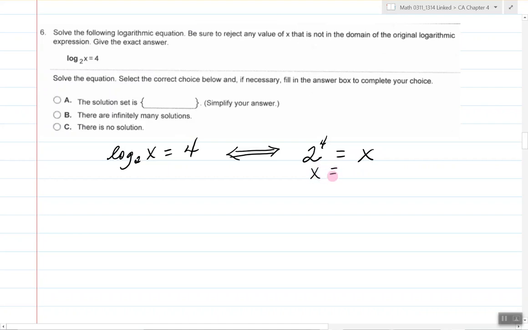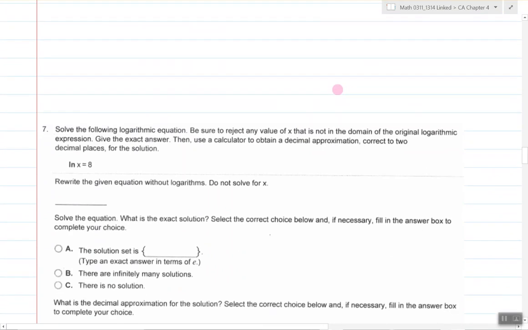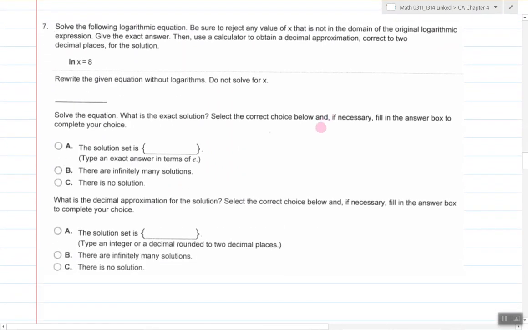Turn this around. x is equal to 2 to the 4th. x is equal to, well, it turns out 16. The problem was different, but I did happen to get the same answer, 16. I don't have to write that earlier version in number 6. But I believe I will need to do that in number 7.